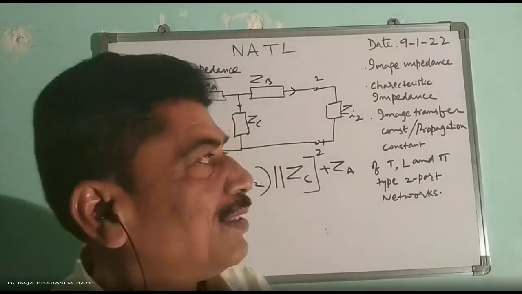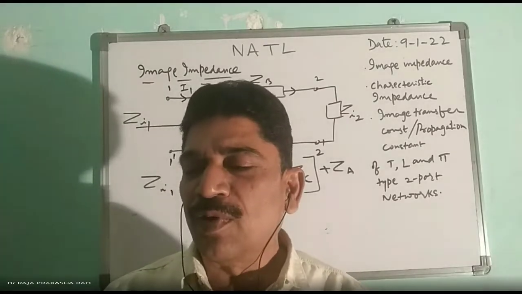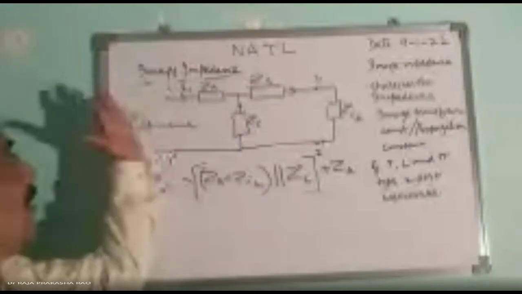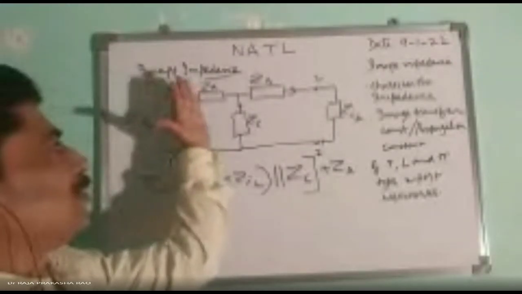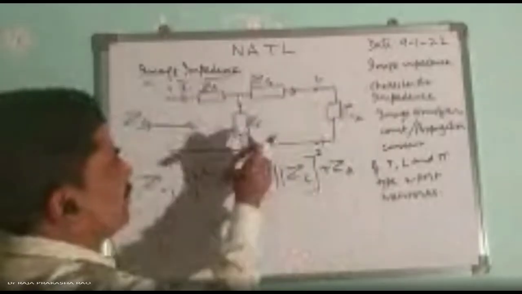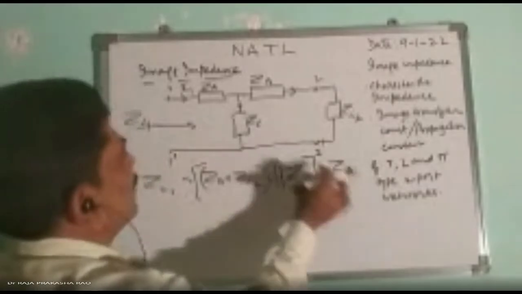Are you following this? How are we finding ZI1? Looking at the first port, current is flowing from the first port, so we have to calculate the impedance from the second port onwards. From the second port, ZB and ZI2 are in series, and this combination is in parallel with ZC, denoted here by parallel lines, plus it will be in series with ZA.